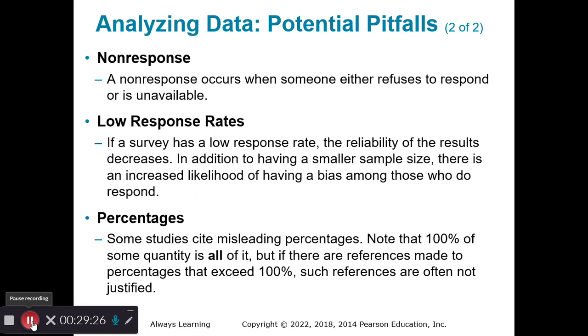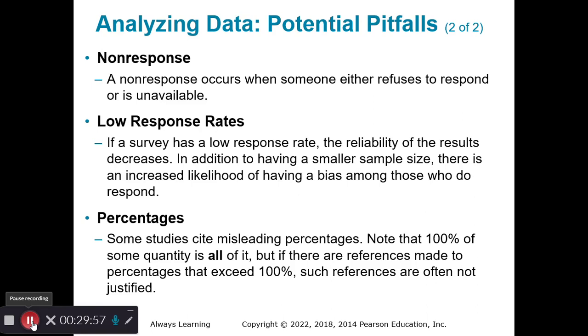Non-response refers to when we are asking for information, but the person we are asking the information from chooses not to give it to us. Of course, that can affect the overall results, because as with my Amazon example earlier, if you choose not to respond, there could be some commonalities among those who choose not to respond.